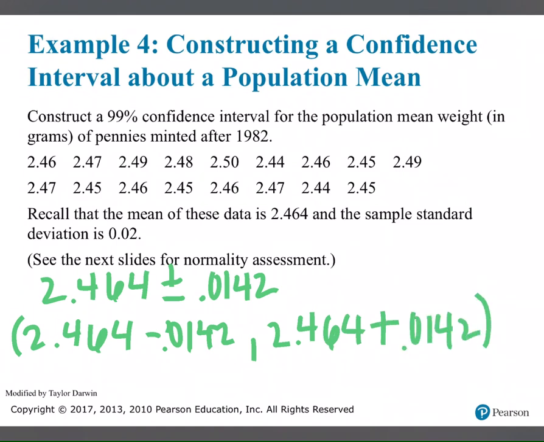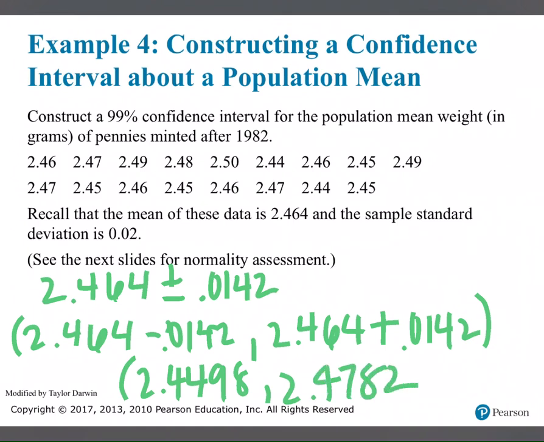When I add and subtract those values, for the first I'll get 2.4498. And for the second I'll get 2.4782. And that is my confidence interval. And that is step 4.